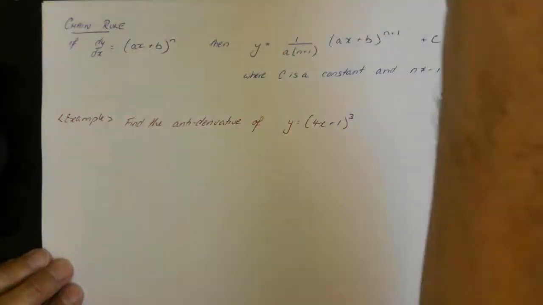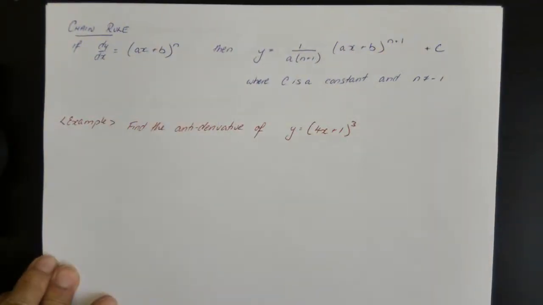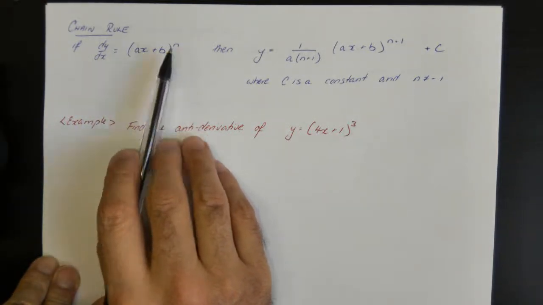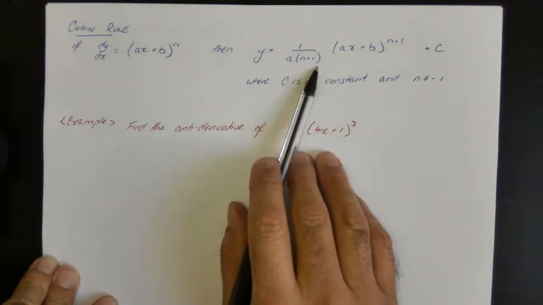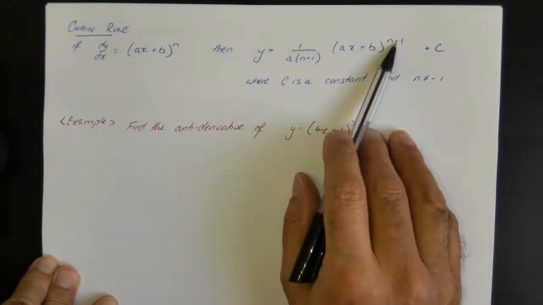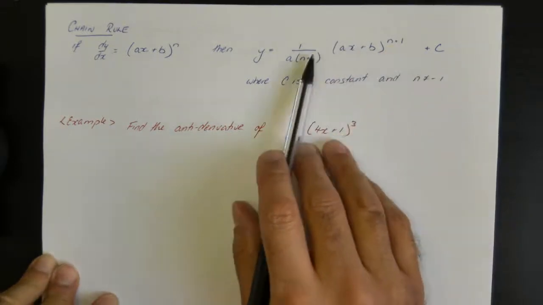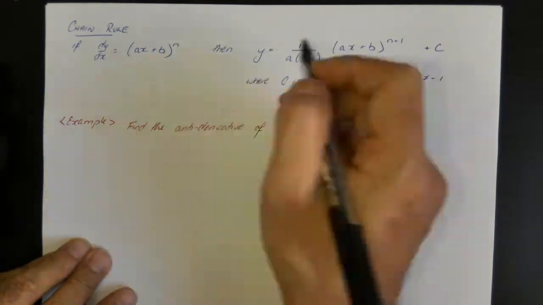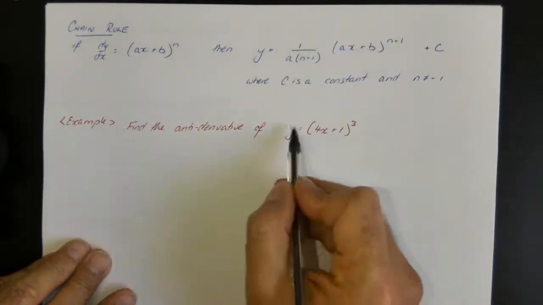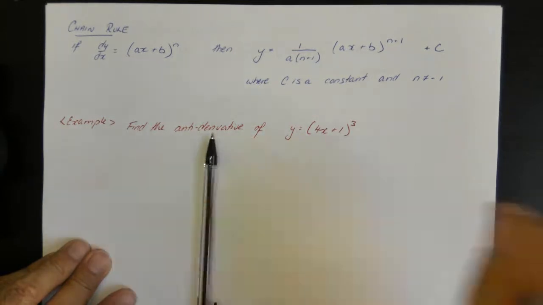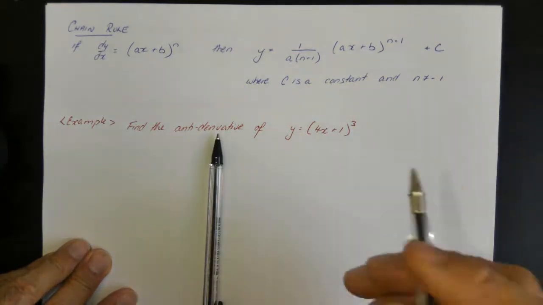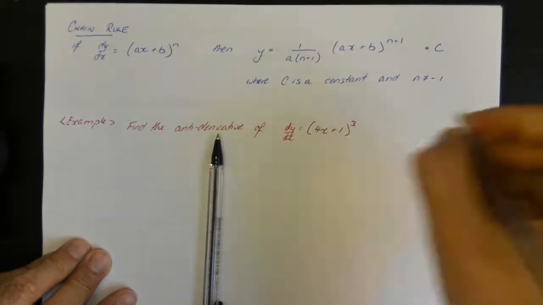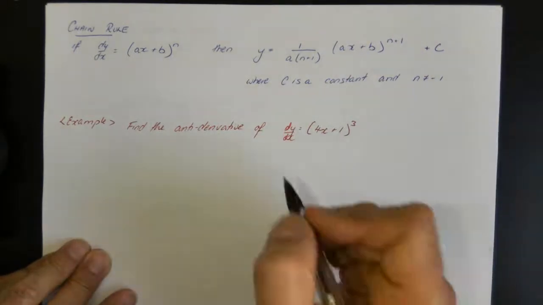Alright. So this is what you would find in your formula sheet. If you have dy over dx equals (ax plus b) all to the power of n, then y equals 1 over a(n plus 1) times (ax plus b) all to the power of n plus 1, plus c. Now n can't equal negative 1. So using this kind of formula, find the antiderivative of dy over dx equals that.